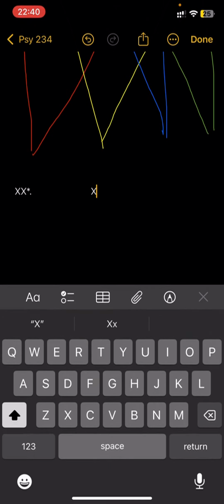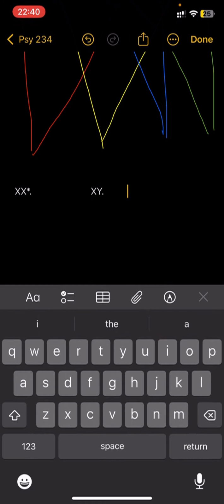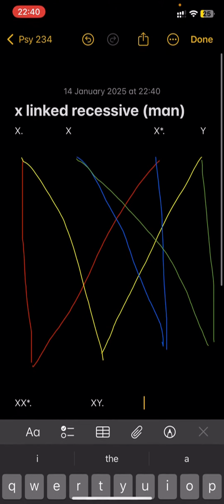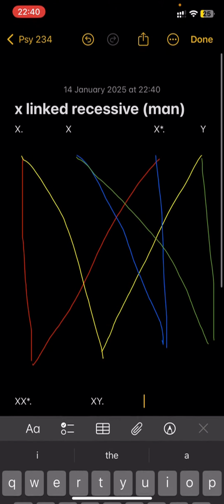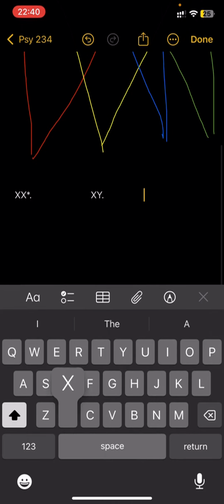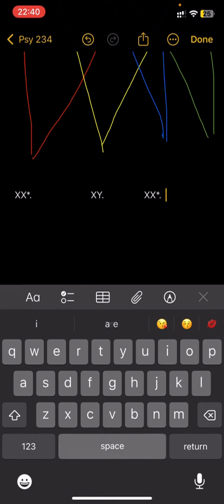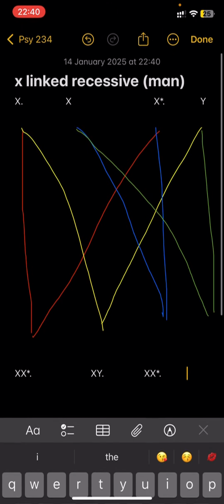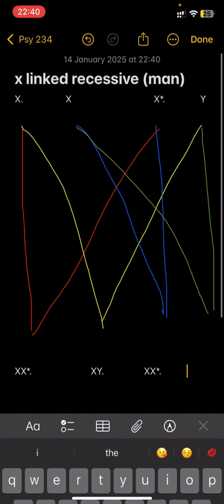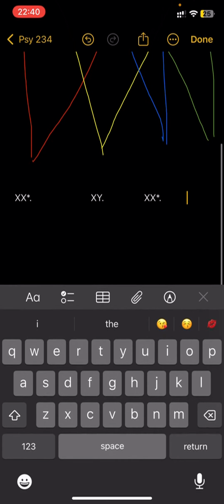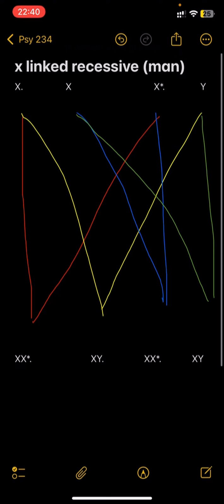Under yellow, we can tell that XY, the boy will be regular. Then under blue, we can tell that it will be a carrier, X. Then under green, we can tell that it will be a regular boy, XY.